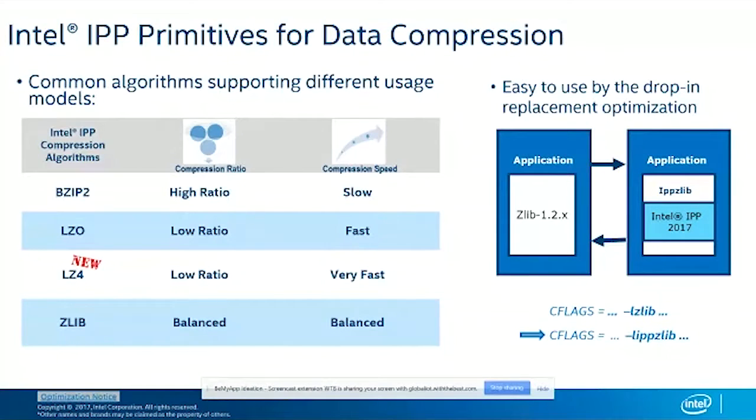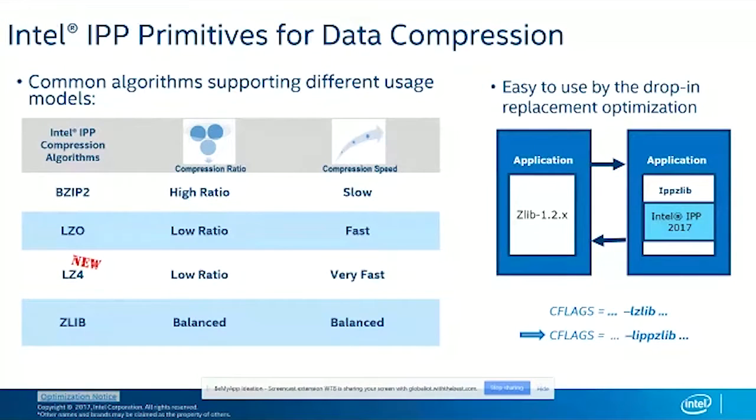For example, bzip2 is a high-ratio compression algorithm. It can achieve very high compression ratios, but the disadvantage of this algorithm is that the compression performance is low.